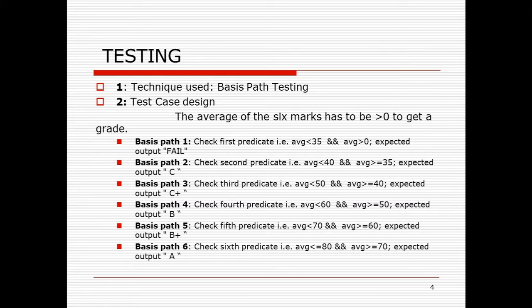Among the predicates, the decision at the last node is taken into account for identification of the basis path, and then from the left hand side you keep on calculating the basis paths. The second basis path will be one above the last node where the decision making is done. That way all the basis paths are identified. Basis path is important in the sense that from the basis paths you can calculate any other path in the graph. We identify 6 basis paths in this technique. For testing, we'll just test all the basis paths.